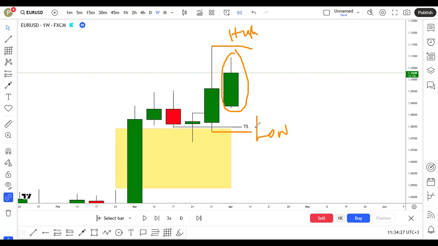If you use the concept of CRT, this is the CRT low and this is the CRT high. So this candle is inside the high and the low of the previous candle. What we are supposed to ask ourselves is, how do we expect the next candle to be? Is it going to be a bullish candle, or a bearish candle?